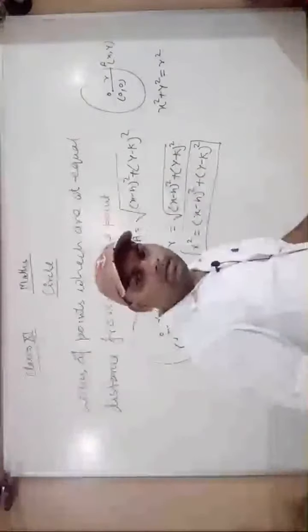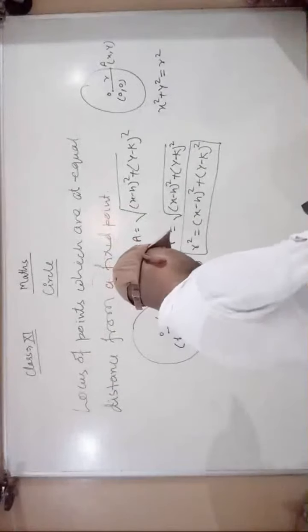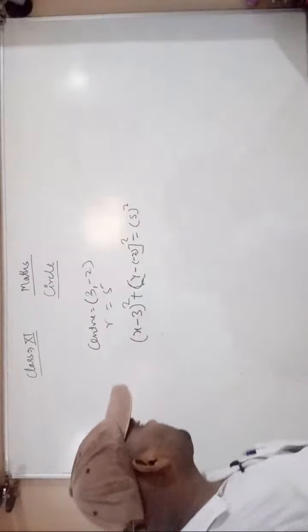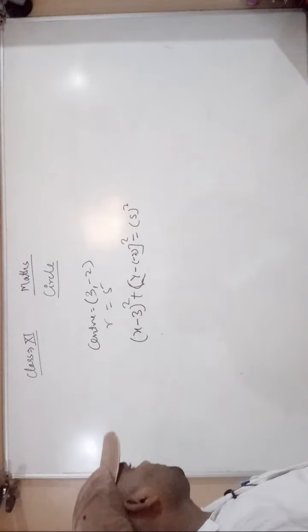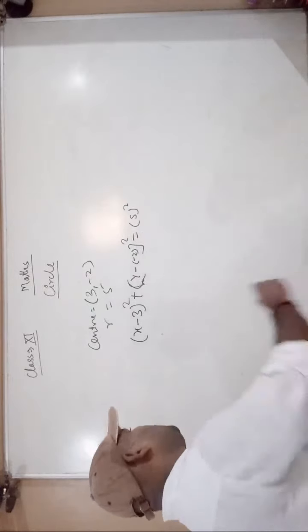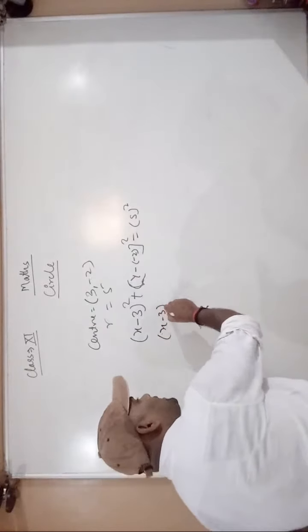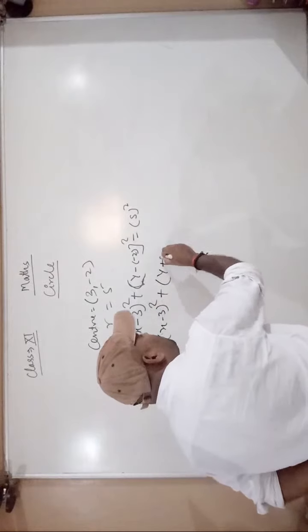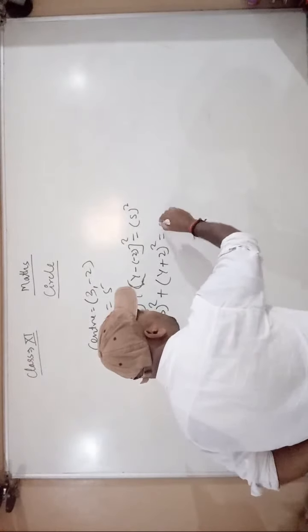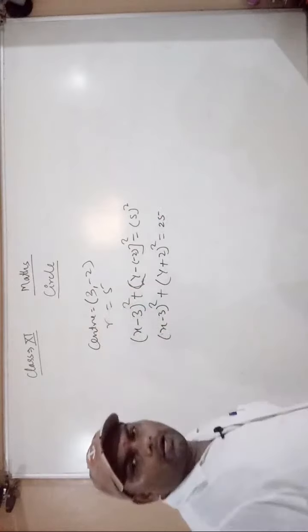Let me discuss one example based on this. Now this becomes square of (x minus 3) plus square of (y plus 2) is equal to square of 5, that is 25. Clear?